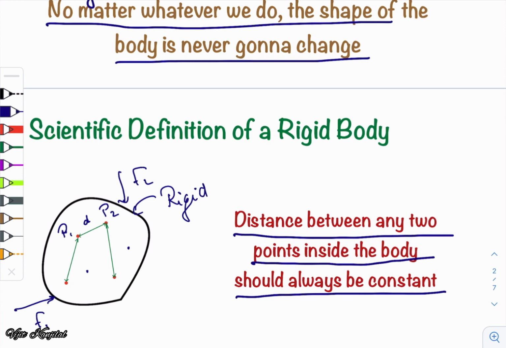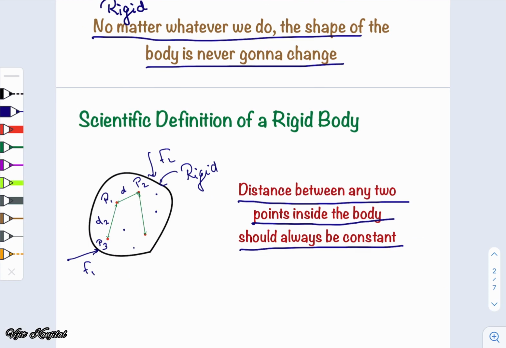It is never going to change. So the distance between these 2 points is always going to be D. If we consider this point as P3, the distance between P1 and P3 is always going to be D2, let's say. So the distance between any 2 points, wherever we consider the points in the body, is always going to be constant.